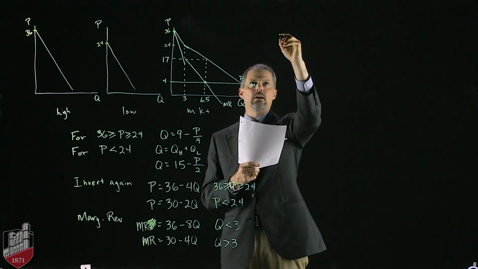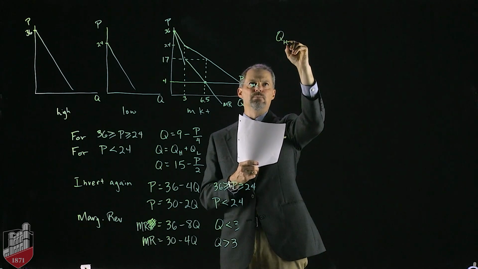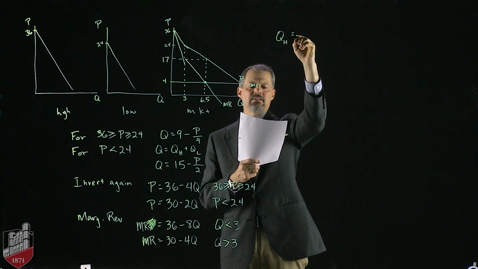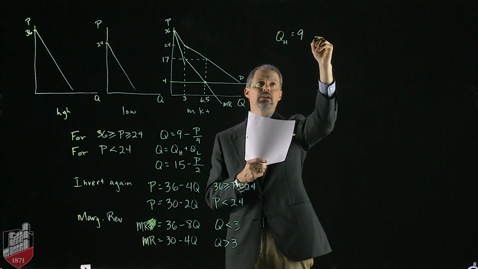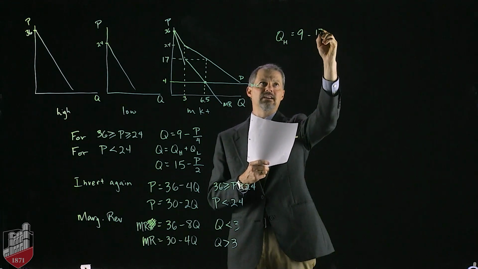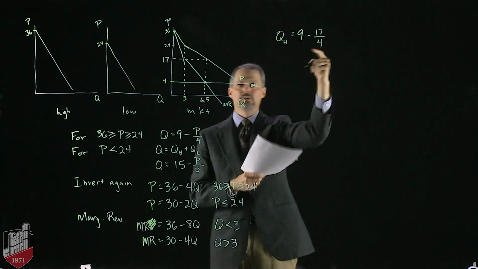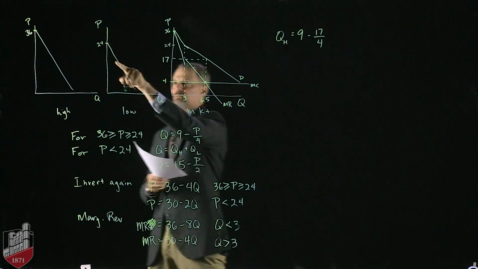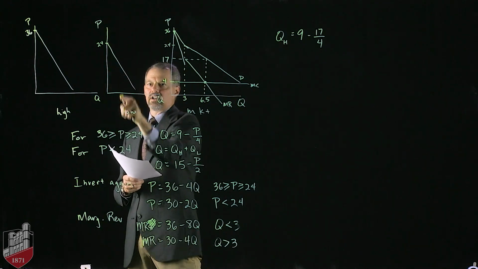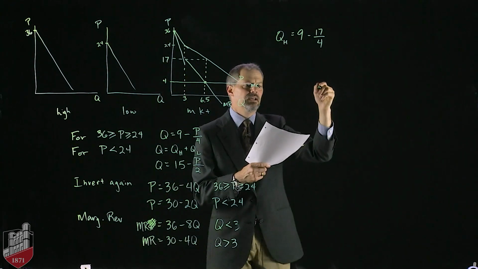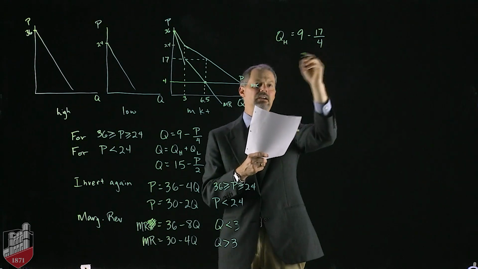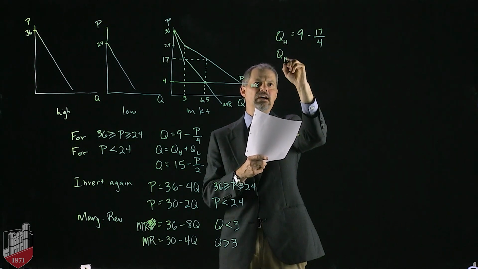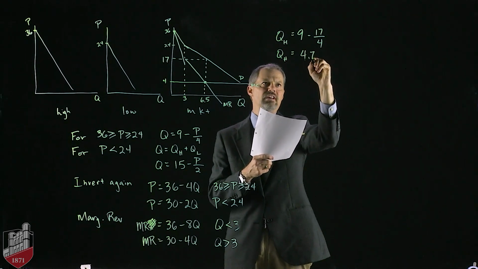So remember our quantity for the high group looks like this. It's 9 minus P over 4, so 9 minus 17 over 4. Because we're talking about a price of 17, we're going to see what the quantity sold to each group is. And so what we get there is the quantity sold to the high group is equal to 4.75.